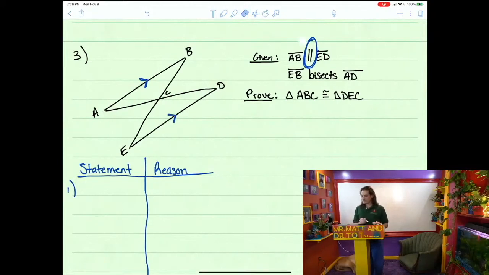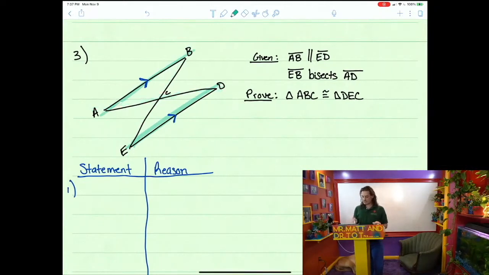So if AB is parallel to ED, then you have a transversal. If these two are parallel, you can think of it either as this guy right here continuing, or you can think of it as this. Both are true, and they're true for the same reason.